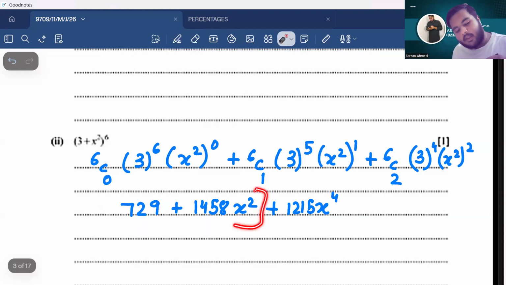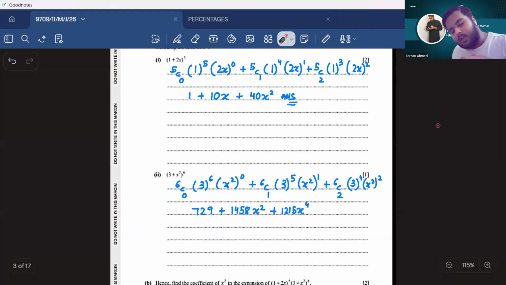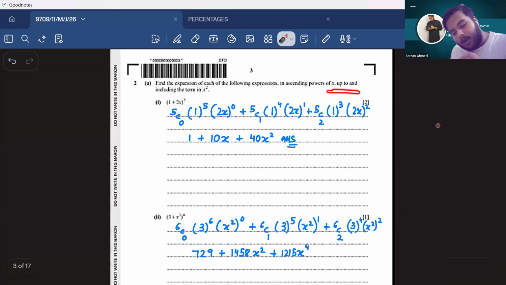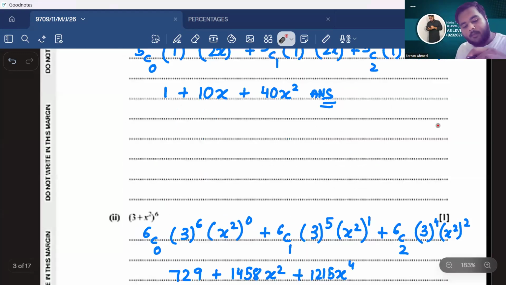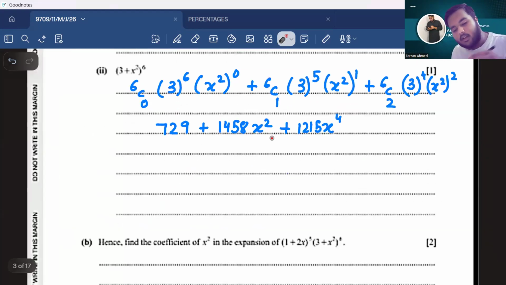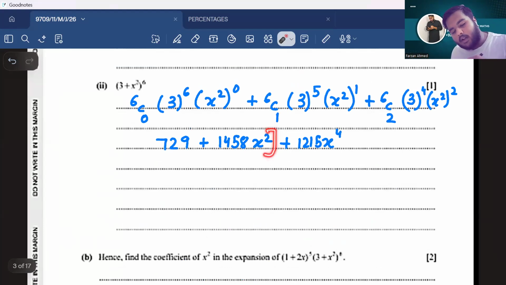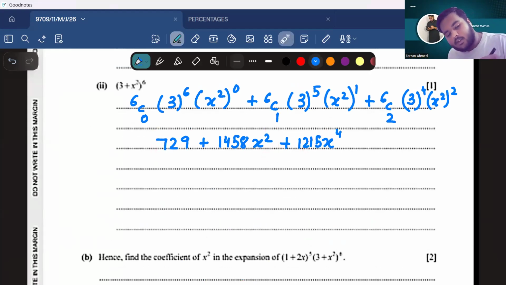The answer will be till here, because they have said up to and including the term in x square, so we will exclude this. So the answer we got is 729 plus 1458 x square. So this is our final answer.